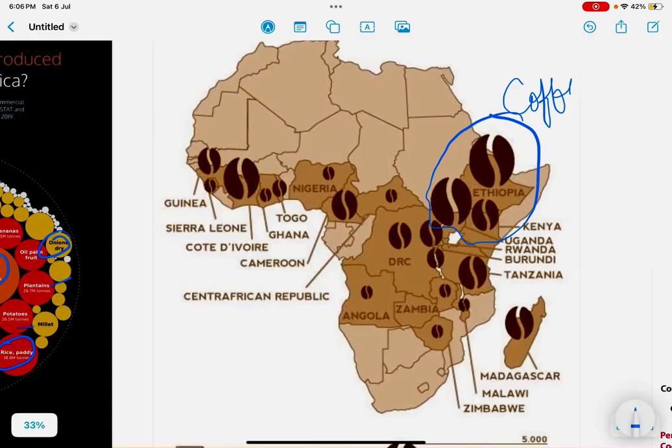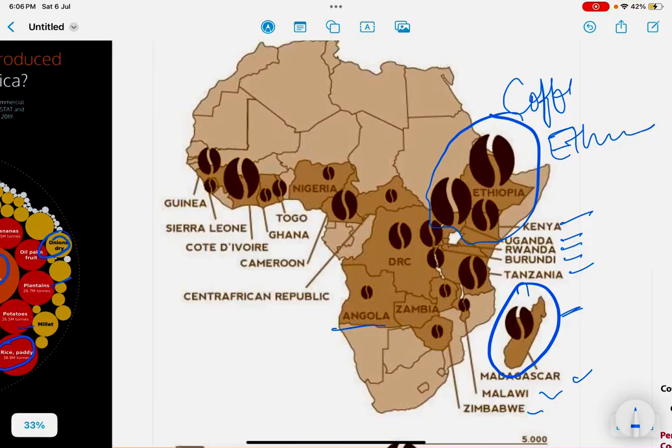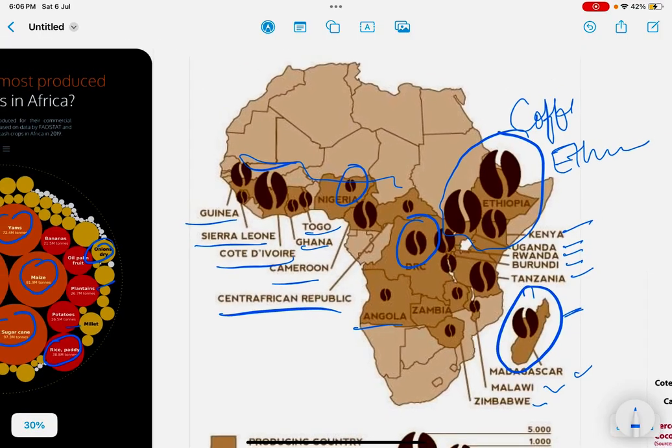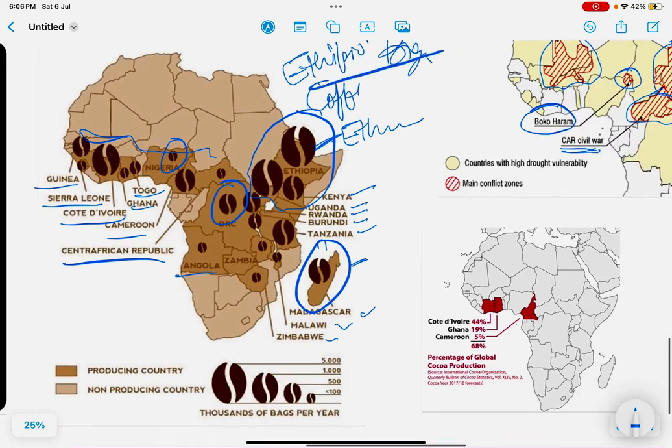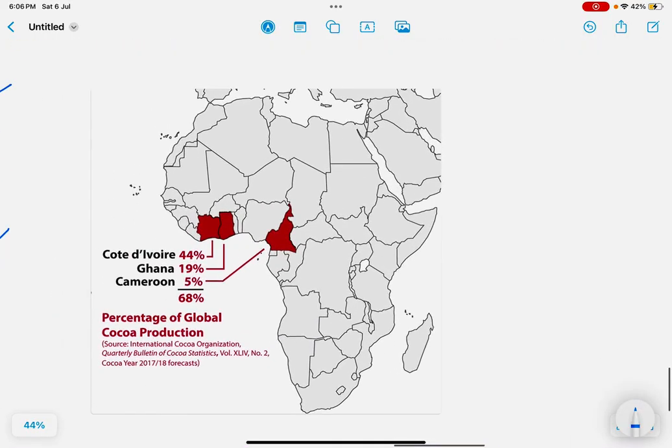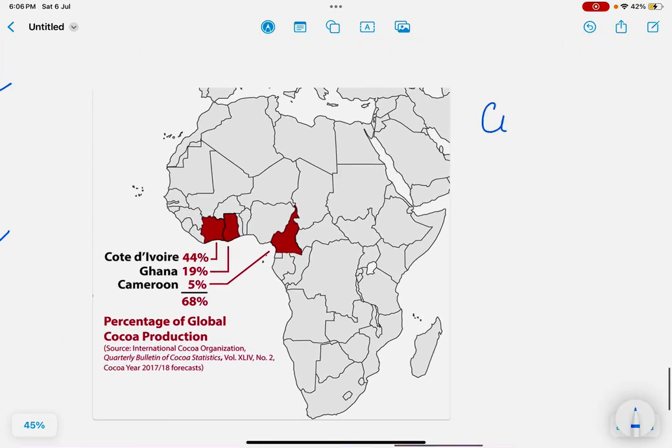Ethiopian coffee, Madagascar coffee, Kenya, Uganda, Rwanda, Burundi, Tanzania, Zimbabwe, Malawi, Angola, DRC as well, Central African Republic, Cameroon, Cote d'Ivoire, Sierra Leone, Guinea, Ghana, Togo, Nigeria, all of these countries produce coffee. Ethiopia has the biggest coffee production.